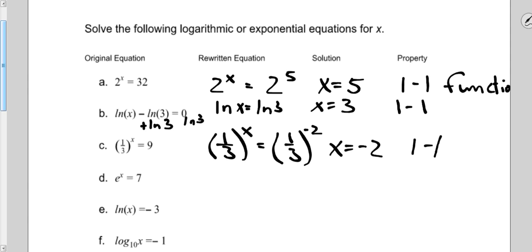Now let's do something a little different. e to the x equals 7. What do I do to the left-hand side of this equation to get me x? I hear one person say divide, I hear one person say natural log. What does the natural log do?